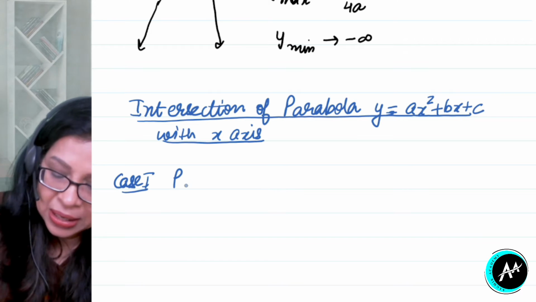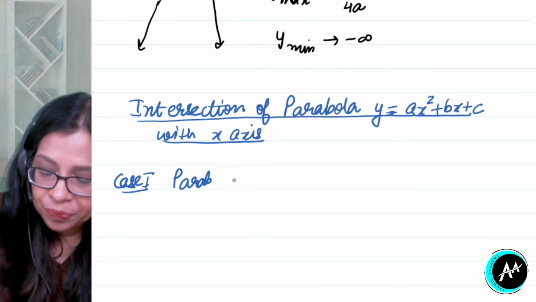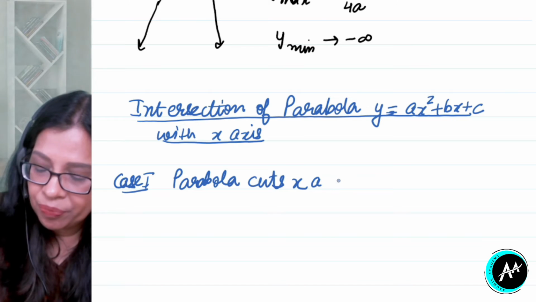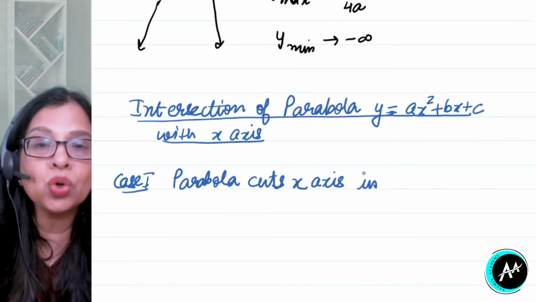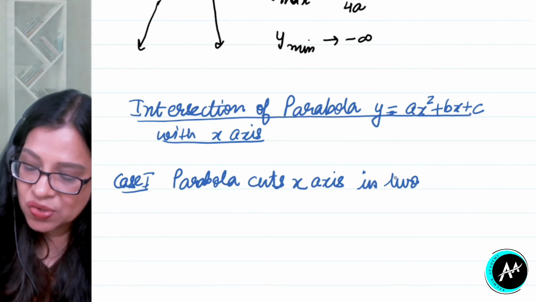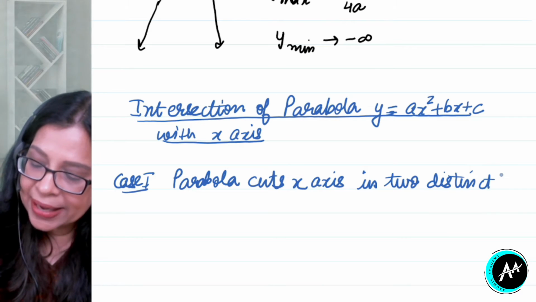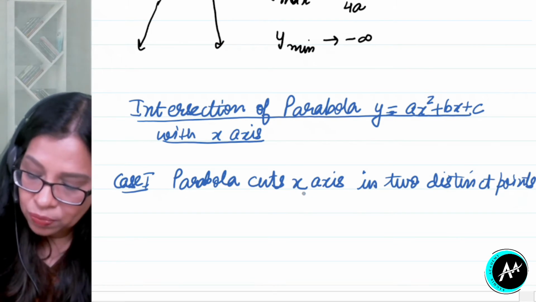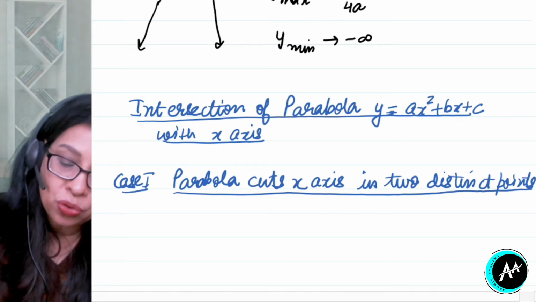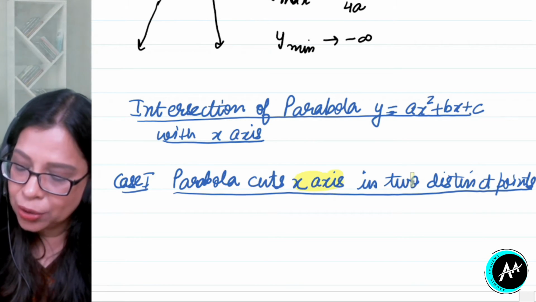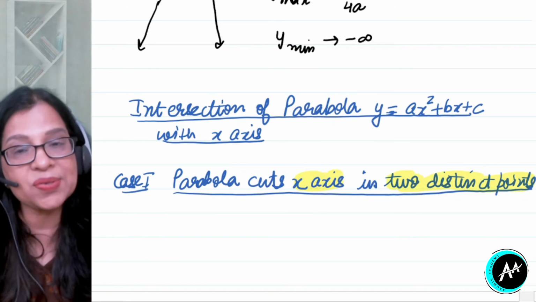Case 1 would be that the parabola cuts the x-axis in two distinct points. Alright. In how many? In two distinct points. That's the first one. So we are going to do first of all this, when the parabola is cutting the x-axis in two distinct points.